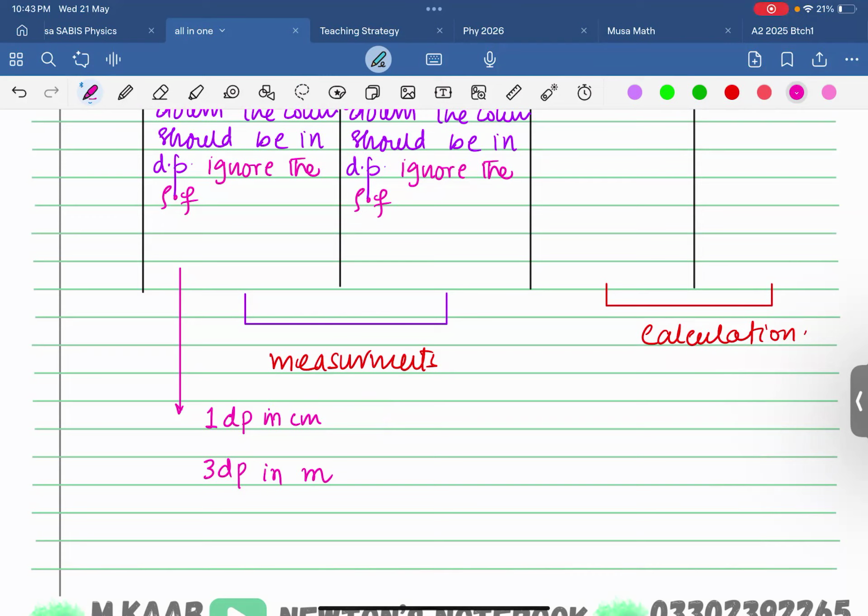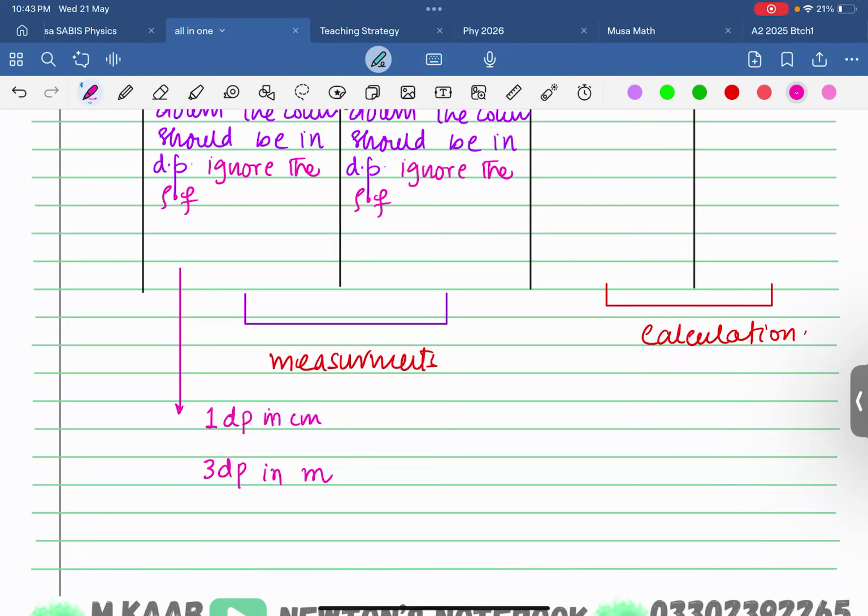Most of the experiments we did and we do are in centimeter. In the question they will mention the quantity with the unit most of the time, or approximately set up the apparatus at, let's say, 55 centimeters. If they wrote 55 centimeter in the question, then you can use all the values in centimeter.